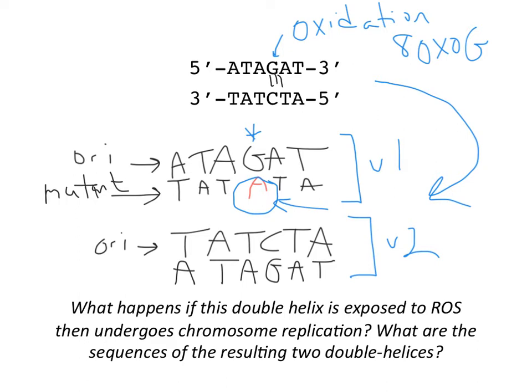So there's no change in the composition of the original double helix. It's after replication that one of the copies made from that chromosome has the mutation in it. What would have been a C has been replaced with an A. So that is the source of mutation.